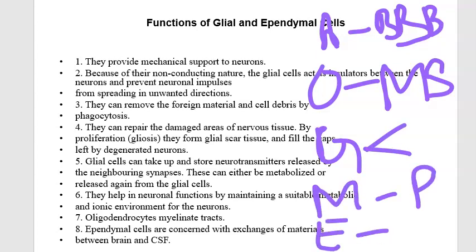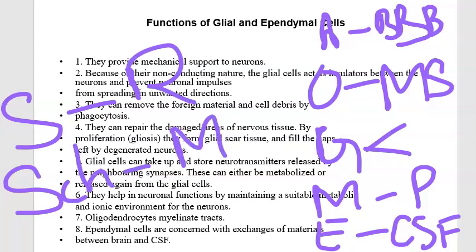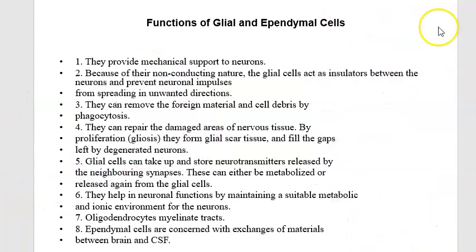Ependymal cells: give you the CSF and line the ventricles. Then in the peripheral nervous system you have satellite cells, which regulate the environment, and Schwann cells, which form the myelin sheath for the peripheral nerves. So this much if you have learned.